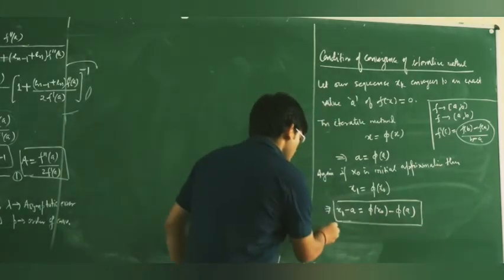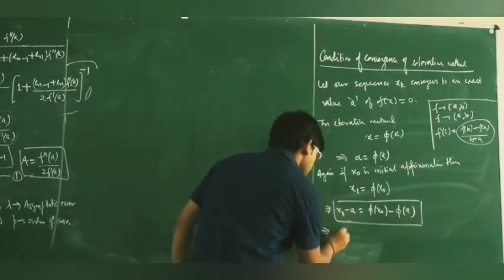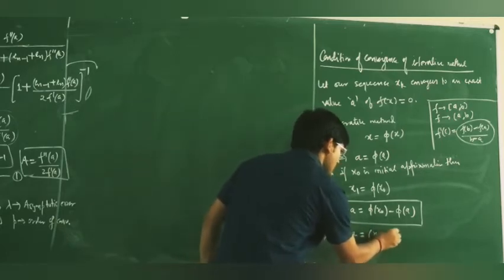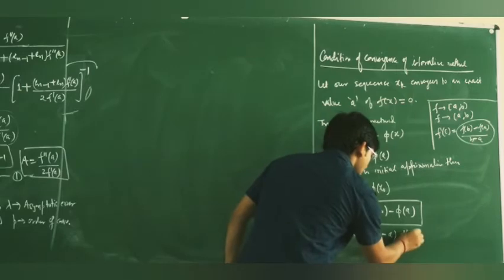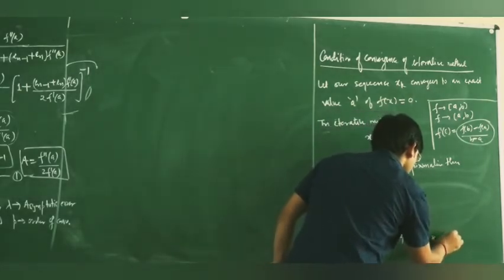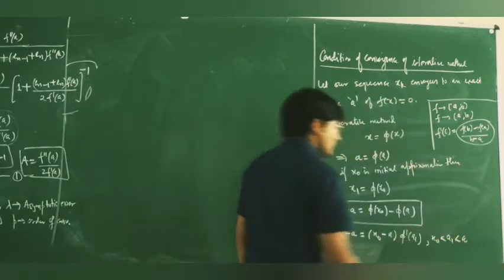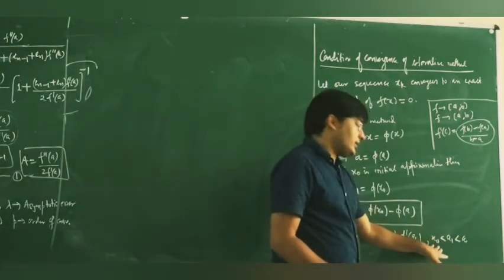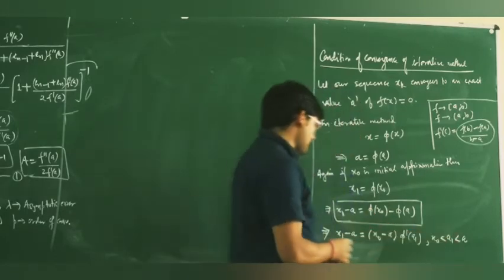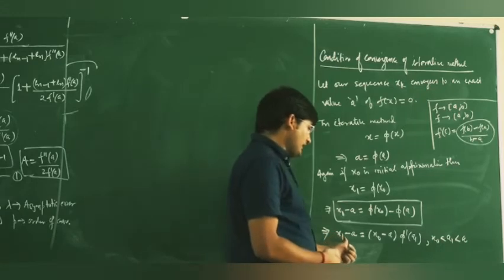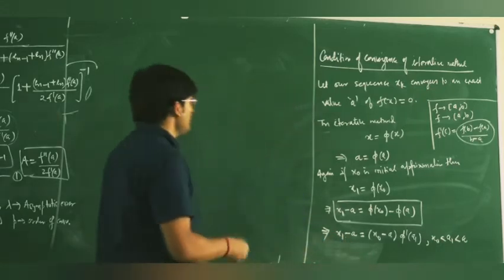So from here we can write x1 minus a equals x naught minus a into phi dash a1, where a1 will lie between x naught and a. Similarly we can have the value of x2 minus a.